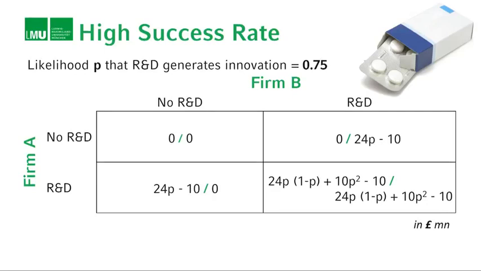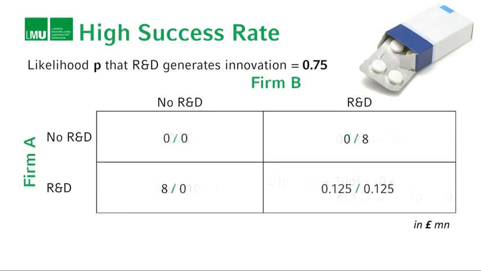the success rate even more and say now it's 75%. So 3 cases out of 4, you're going to be successful with your R&D strategy. Our payoffs change again. And let's see if our Nash equilibrium also changes. Again, firm B not doing R&D leads to firm A doing R&D.